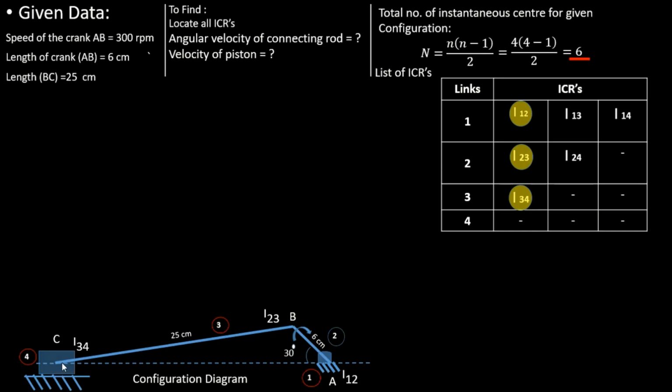So this I14 will be at infinity, because we are assuming that this slider is performing a circular motion along the circumference of a circle whose radius is at infinity. Therefore the instantaneous center I14 will be at infinity. So that is why we are writing it is at infinity. Along this line I14 will be there, at infinity.